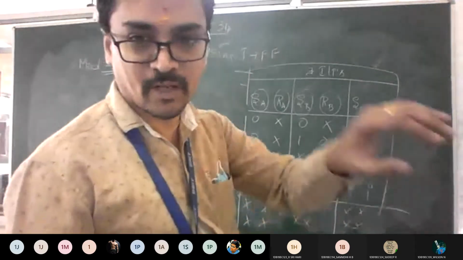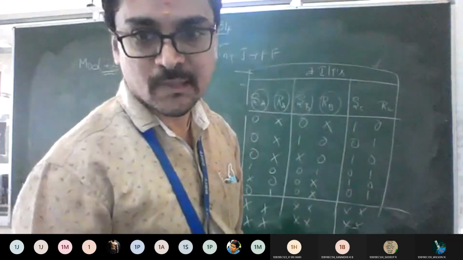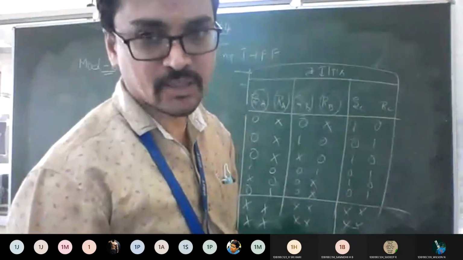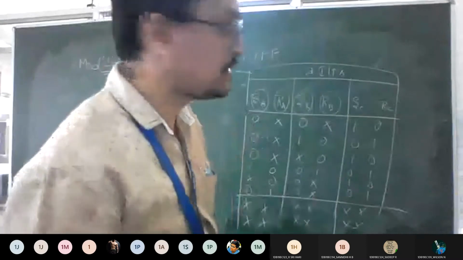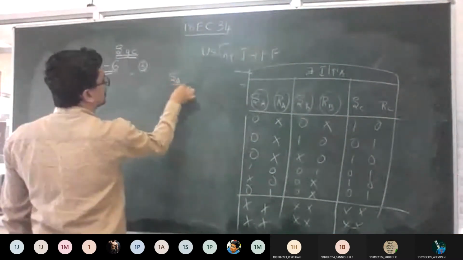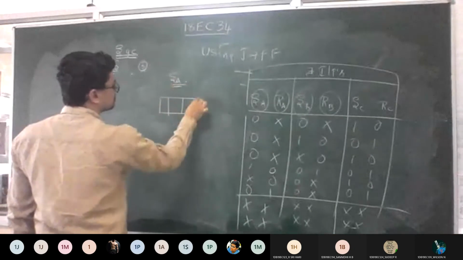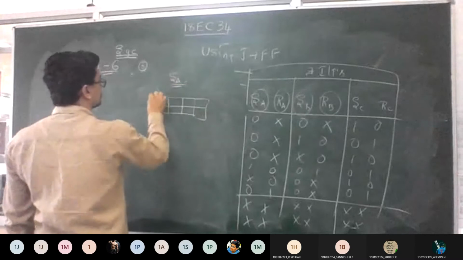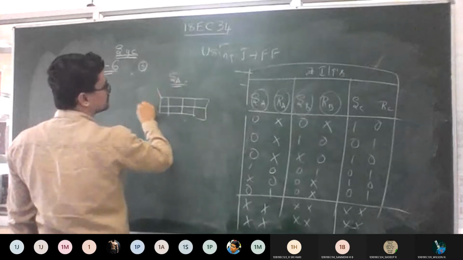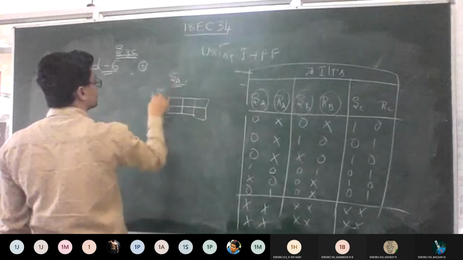How many cells will the K-map have now? 8. Good, 8 cells because there are 3 inputs. So I'll just show for one. If you plot SA separately, take an 8-cell K-map. If this is your A, B, C.